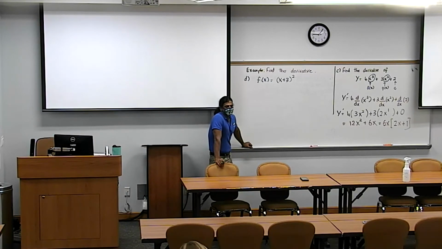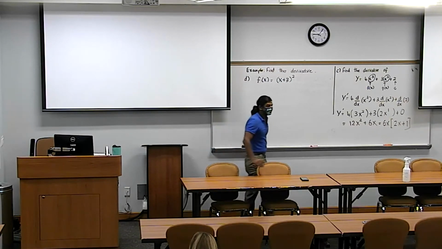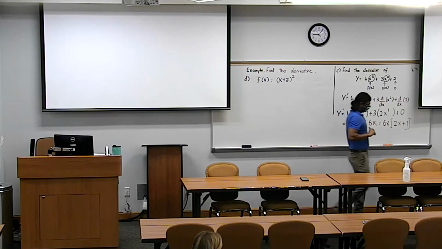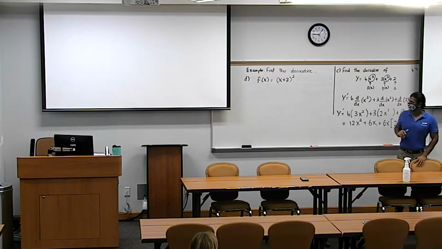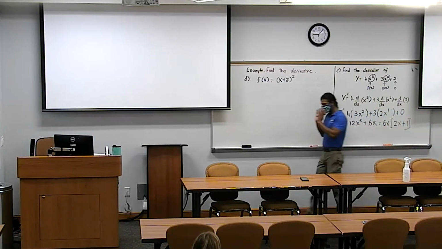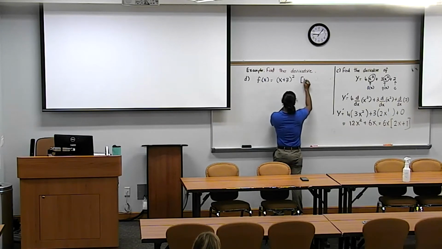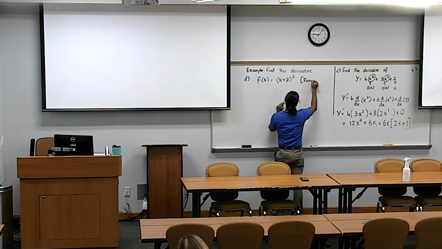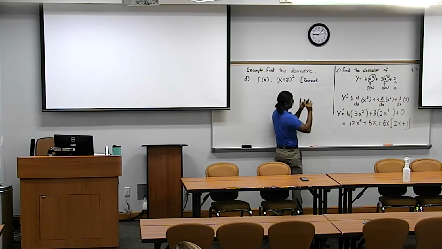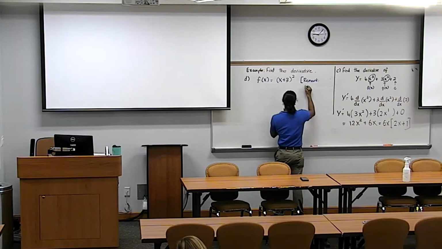What is throwing you off? Huh? I was gonna say, I think I have the answer. What is the answer? Is it 2x plus 6? Is it? Is that right? That is correct. But a word of caution. I will put this as a remark. The rule B is what we call the power rule.